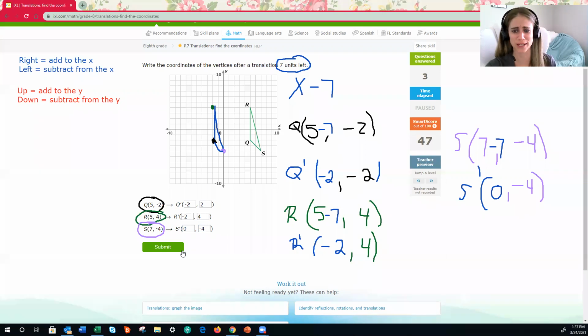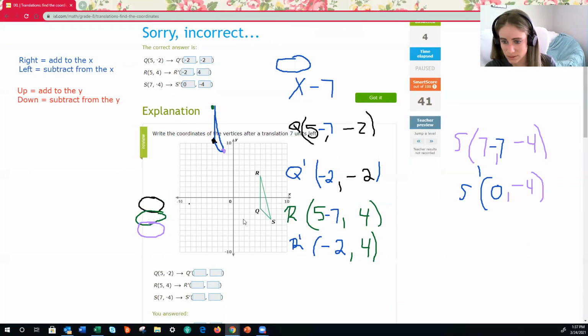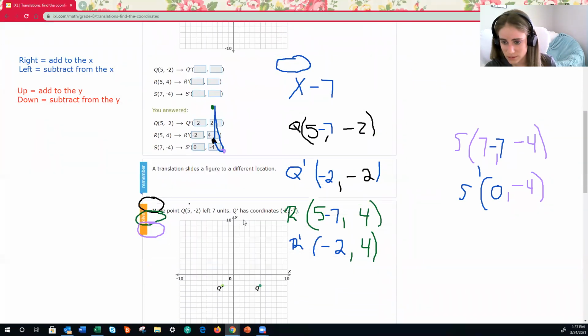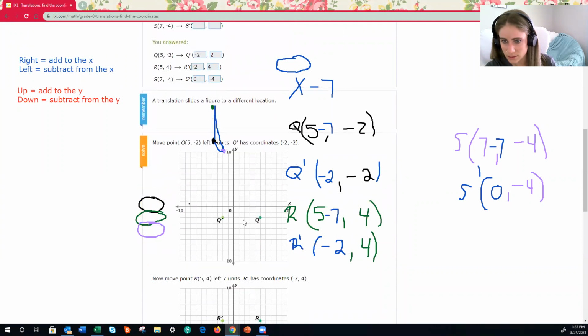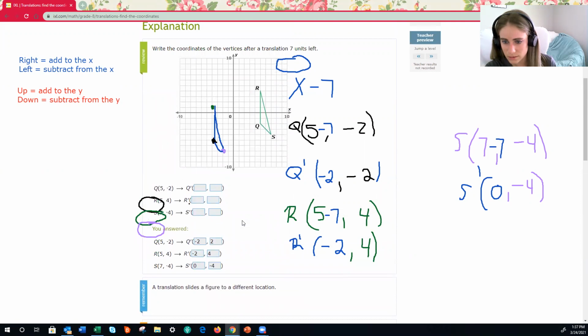Just to prove that I'm right, let's click submit. Oh no, I'm not right. What did I do as a typo? Oh, here's my typo. See, and this could happen. I put a +2, but it really should have been a -2.